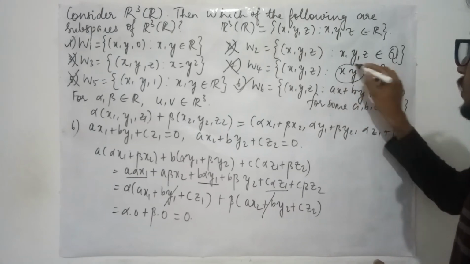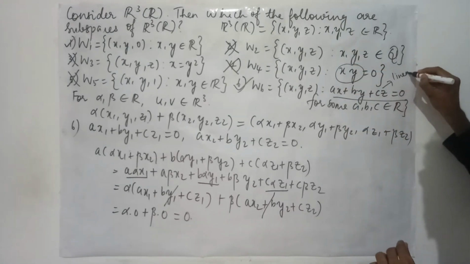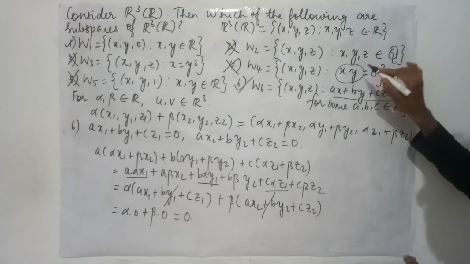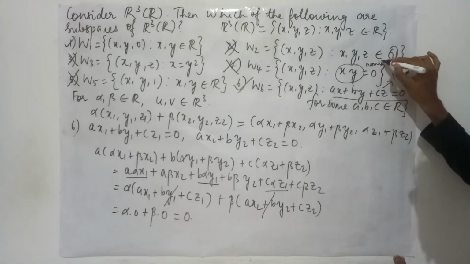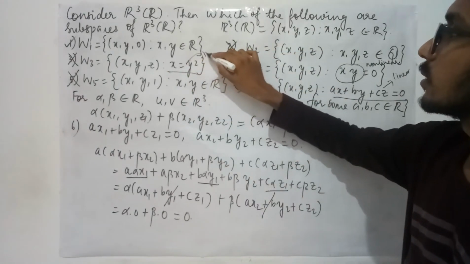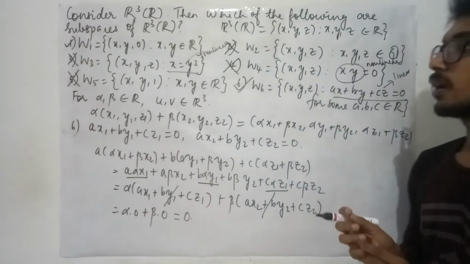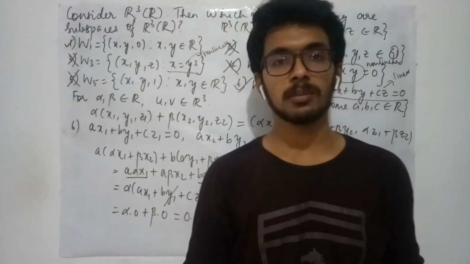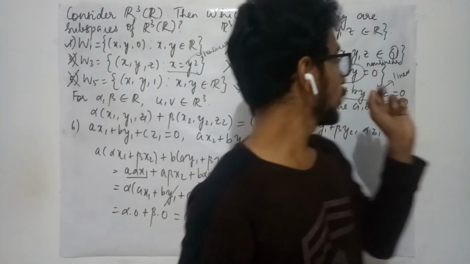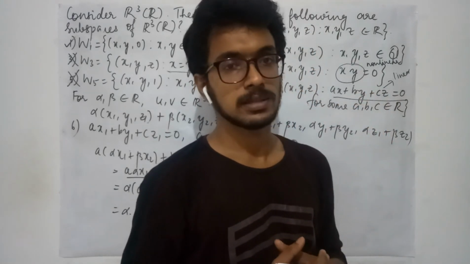Now let us see, this is a linear condition, right? But this is non-linear. This is also non-linear. So when you make a non-linear condition, that is not forming a subspace, but when you make a linear condition, that is forming a subspace.